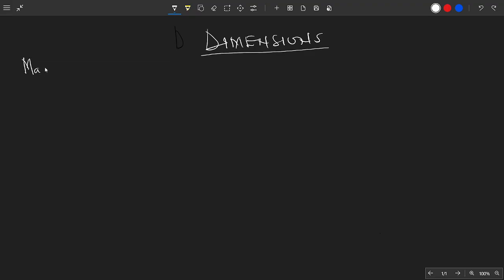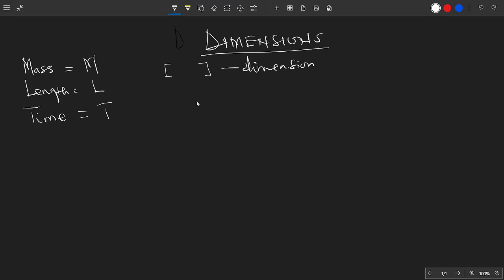We have mass, which is given as capital M as a dimension, length, which is capital L, and then we have time, which is capital T. The square bracket is used to represent the dimension of a physical quantity.